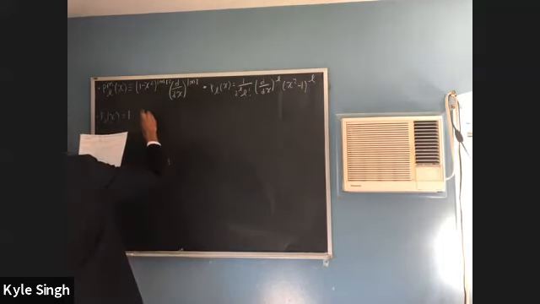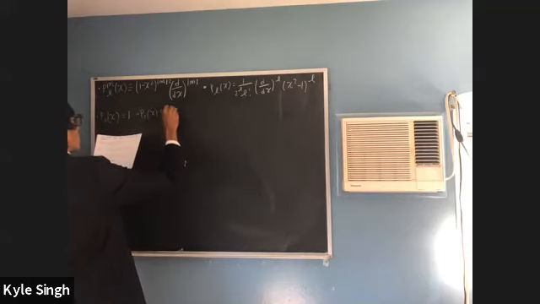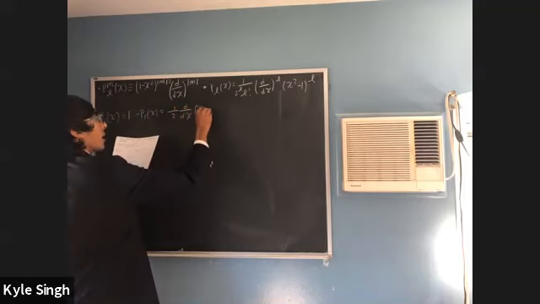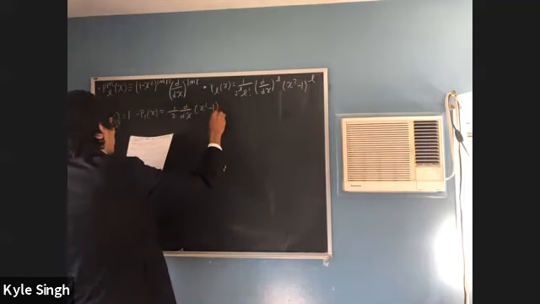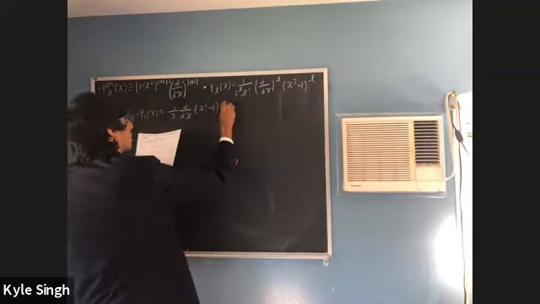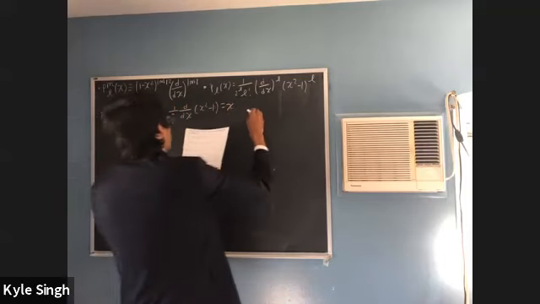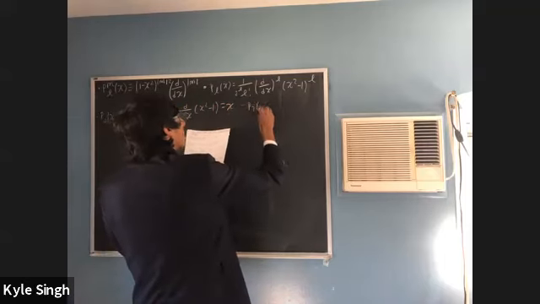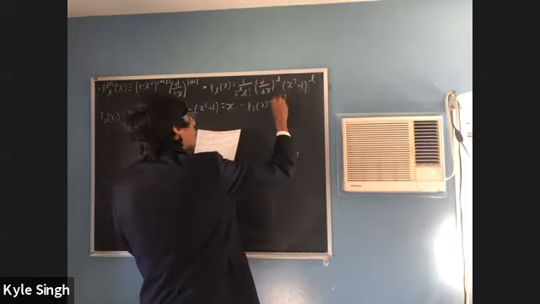Okay? P1 of x equals 1/2 d/dx, x squared minus 1, equals x. P2 of x equals 1 over 4 times 2, right?